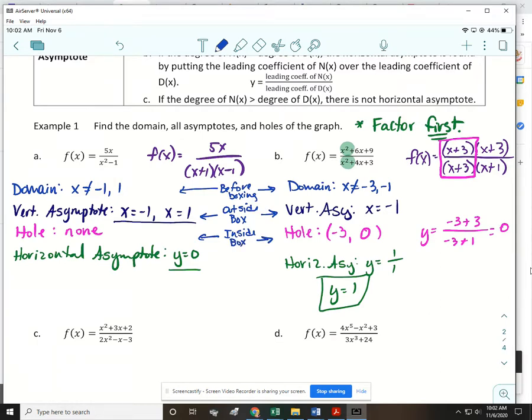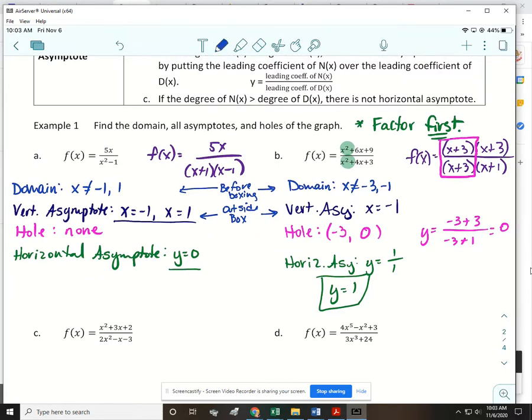For the x part, x is inside the box, and then y is outside the box. And then for the horizontal asymptote, that's when you're looking at the degrees.